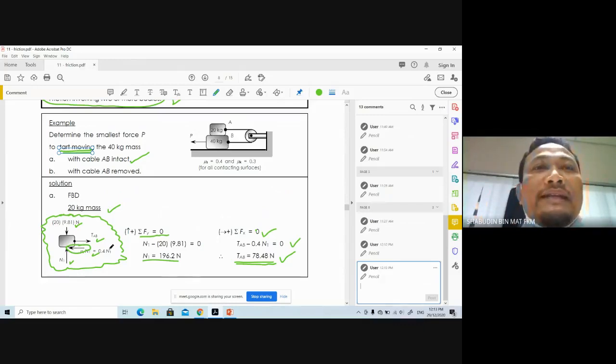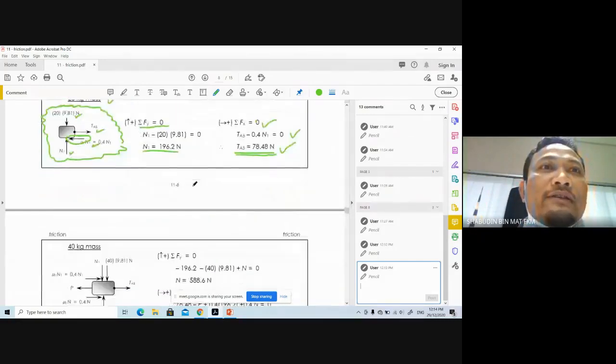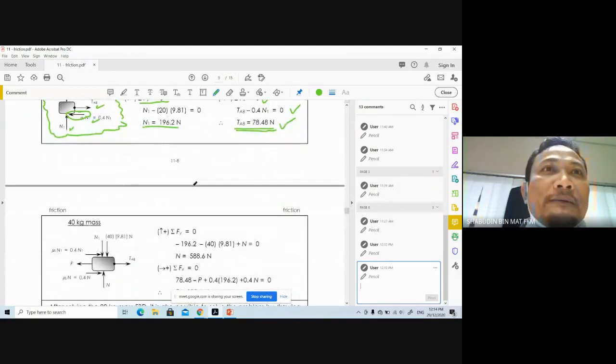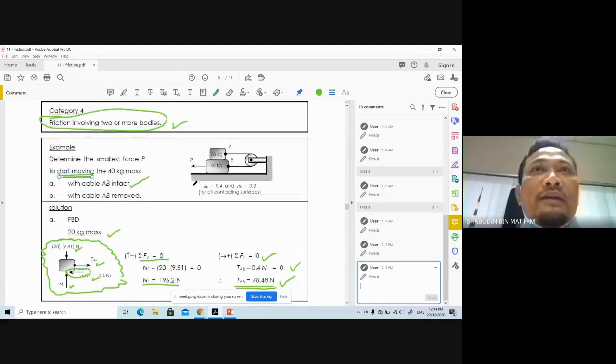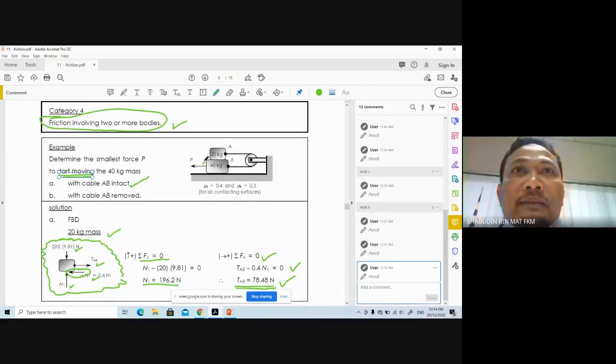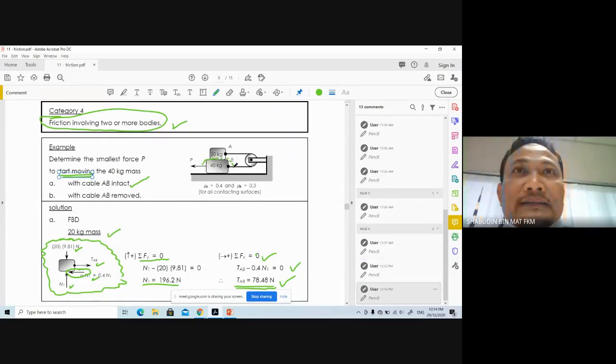And then you get the T_AB. And then you do the analysis for the 40 kilogram mass. How to do that? Just do the free body diagram of this one only. What do you have here?